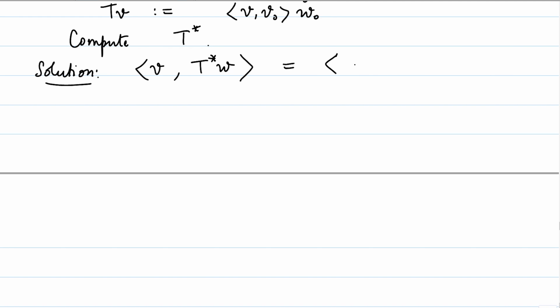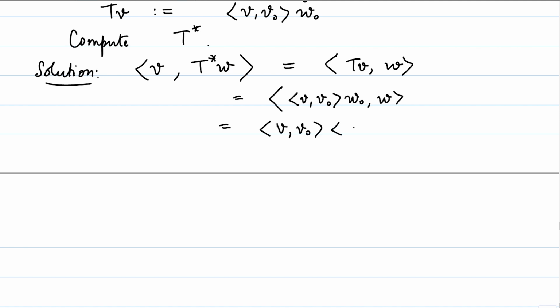This is just going to be the inner product of T(v) with w, and we know what T(v) is explicitly. This is just the inner product of v with v naught times w naught, into w, which is in particular the inner product of v with v naught times the inner product of w naught with w.